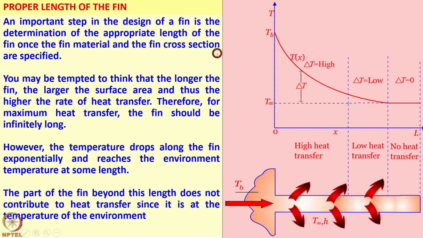You can see that the temperature of the fin is falling exponentially, although ideally, if you were to have the highest or infinite thermal conductivity, the temperature will not fall, it will be uniform. But there will be finite thermal conductivity for any material. In that case, the temperature is going to fall.